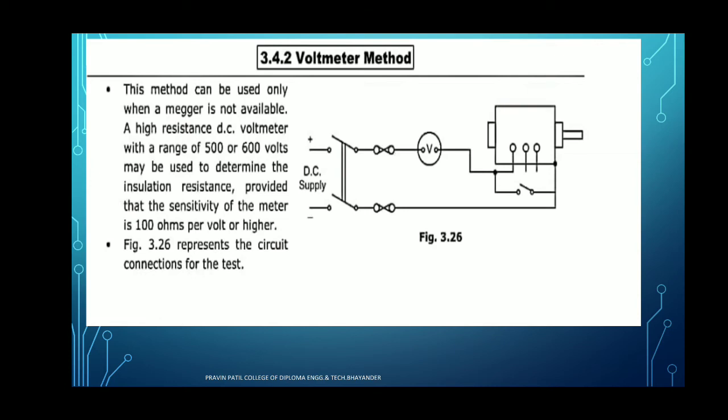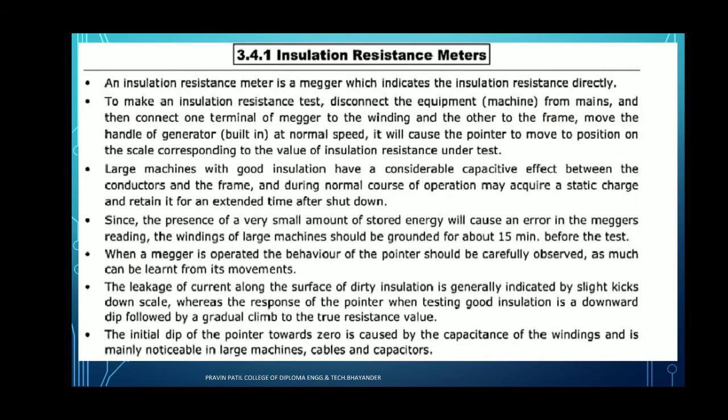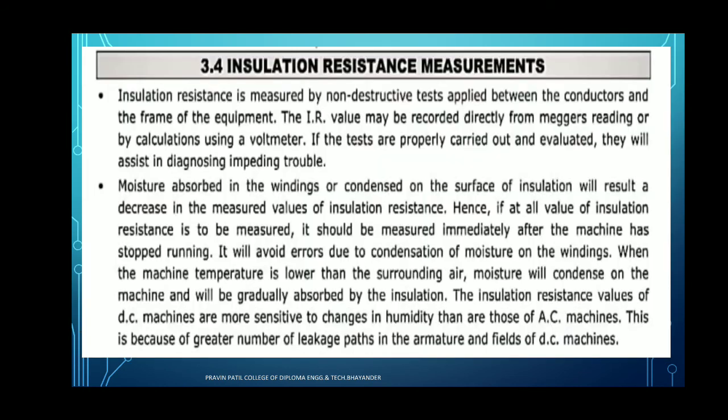Voltmeter methods, insulation resistance meters, insulation resistance measuring methods. So these are some of the devices used for the measurement of insulation. The megger is the device used for high resistance measuring.